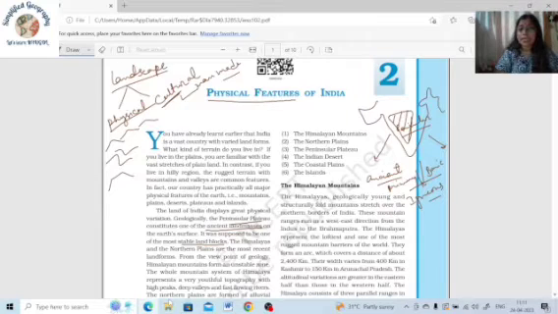The Himalayas and the northern plains are the most recent landforms. From the viewpoint of geology, Himalayan mountains form an unstable zone. Now we will learn why Himalaya forms an unstable zone.